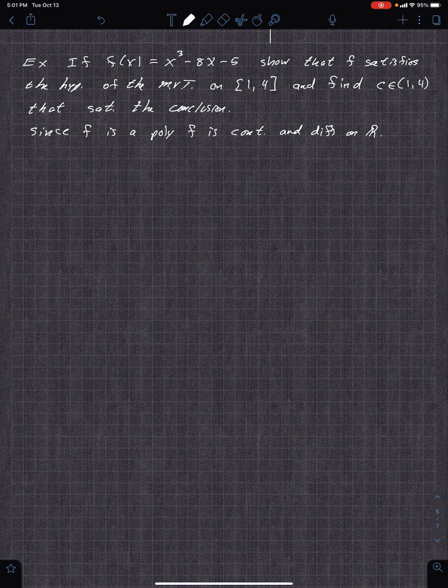All right, so then there exists a c in the open interval from 1 to 4 such that f prime of c is equal to, and then we just find that difference, which is f of 4 minus f of 1 all over 4 minus 1.